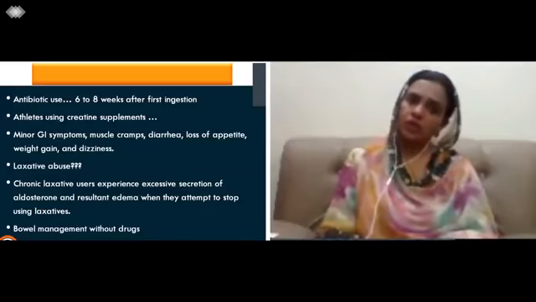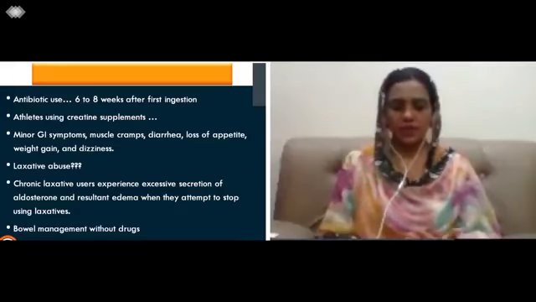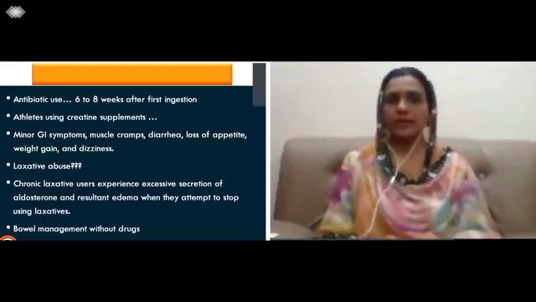Then another situation where the physical therapist, especially the sports physical therapist, needs to be considerate is that certain athletes use creatine supplements. Obviously it is used to increase bulk and strength, but it is not totally safe, and it is even contraindicated below the age of 18.